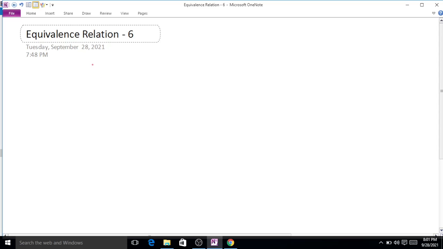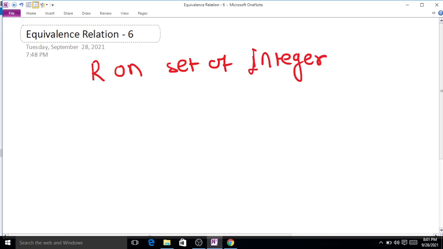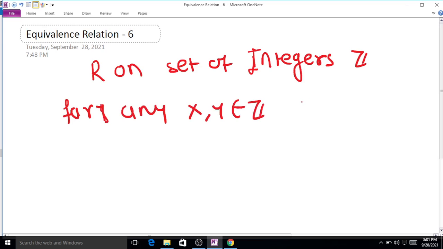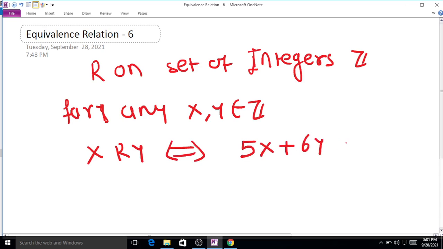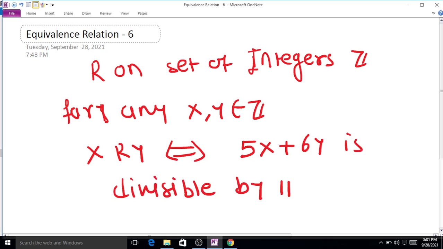Define a relation R on the set of integers Z such that for any x, y belonging to the set of integers, x is related to y if and only if 5x plus 6y is divisible by 11.